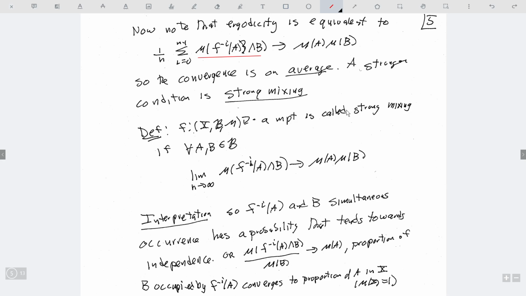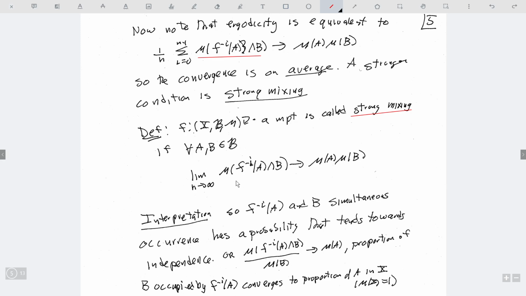So that's what strong mixing is. There's something called weak mixing, so sometimes this is just called mixing. But let's say you have a measure preserving transformation, and for all measurable sets, the measure of this guy converges to the product of the measures.